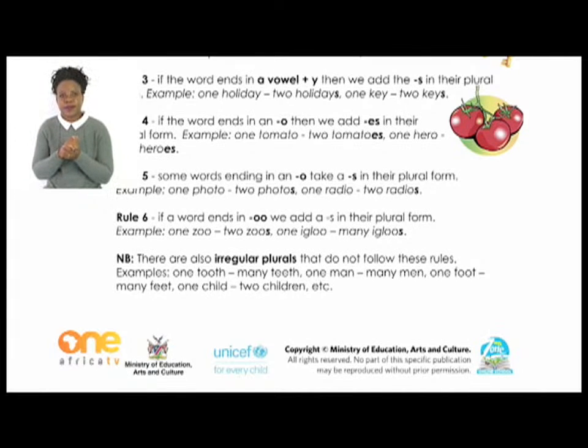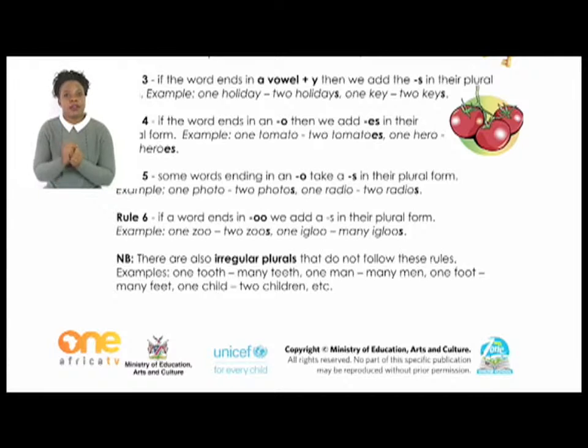There's one thing that I want you to understand, boys and girls. Not all nouns add ES or S. There are also irregular plurals that do not follow these rules at all. For example, one tooth.